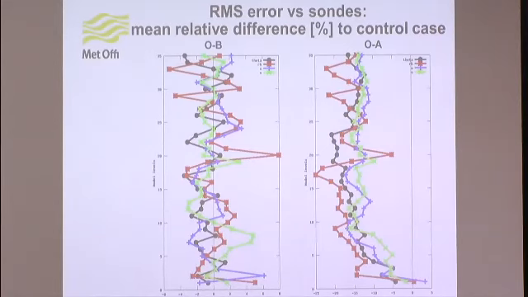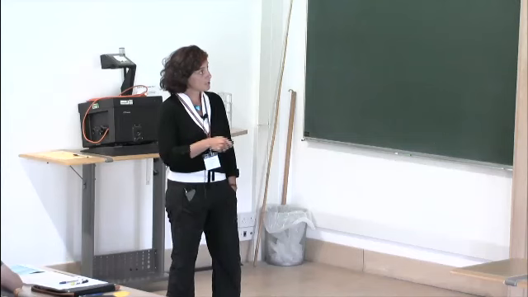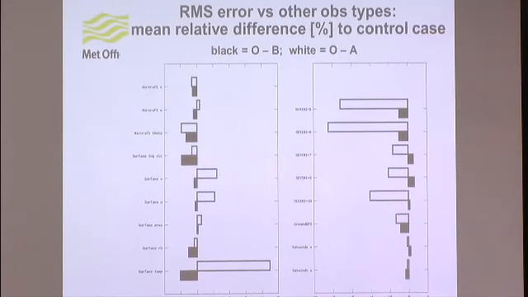for radiosondes. Then we also looked at the other types of observation that the system sees; in black we have observation minus background, while in white we have observation minus analysis. We have aircraft measurements and surface measurements here, and then satellite measurements: an infrared instrument on MSG, and then ground GPS and satellite winds.